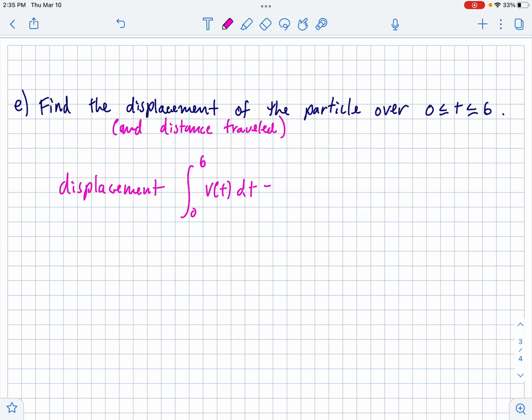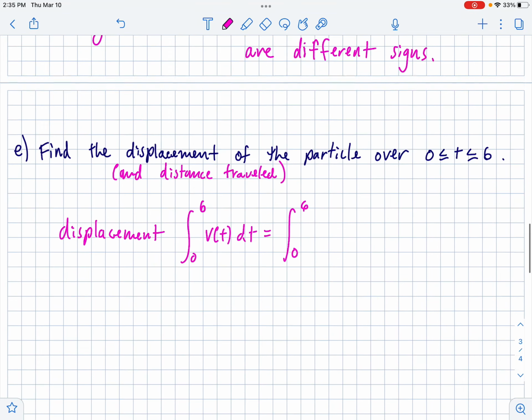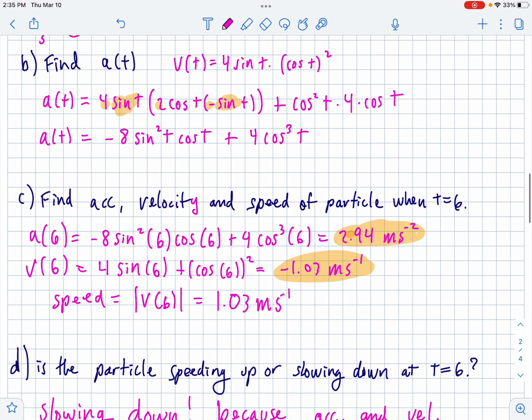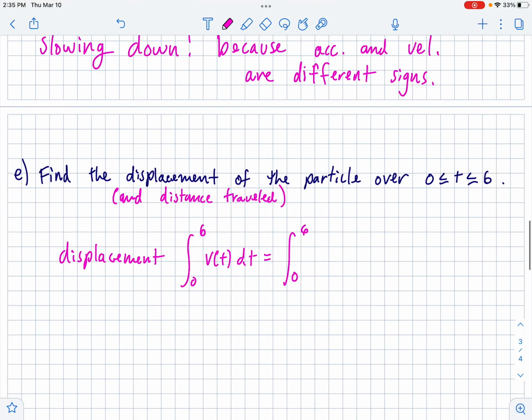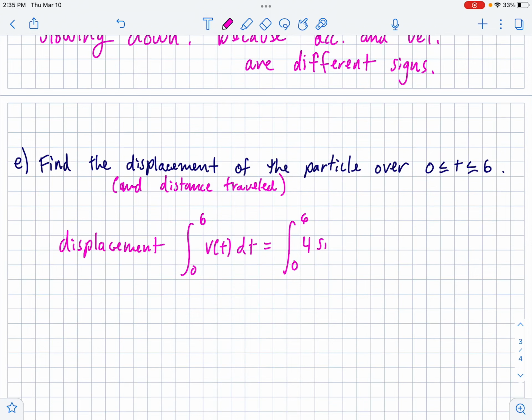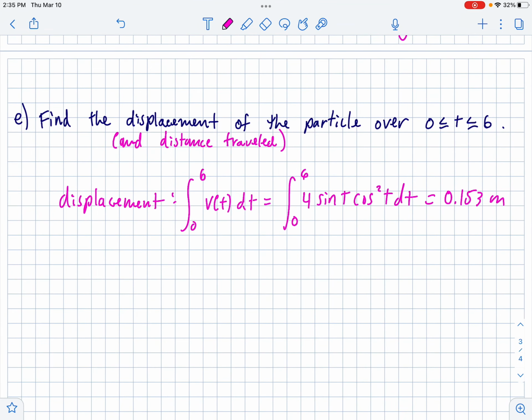So the velocity, v of t dt, is going to be 0 to 6 on a calculator. Velocity was 4 sine t cosine squared t dt. And I believe when you punch this into your calculator, you should get 0.153 meters.